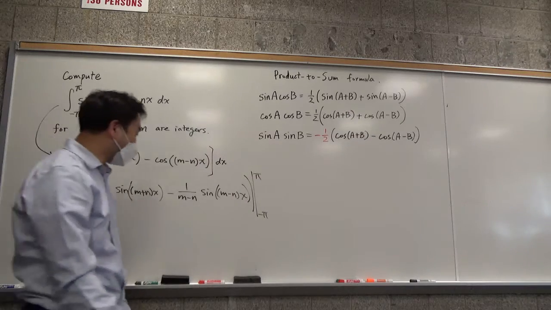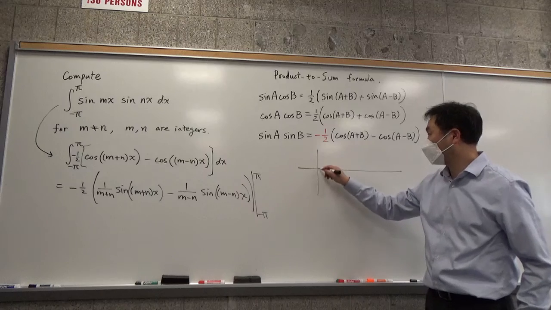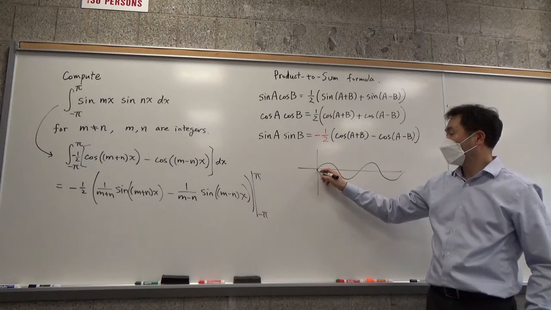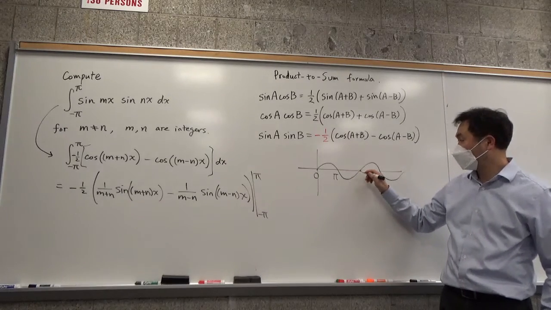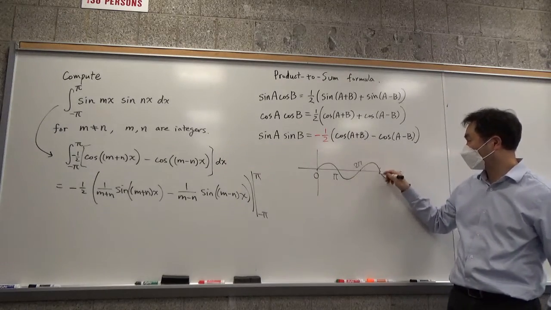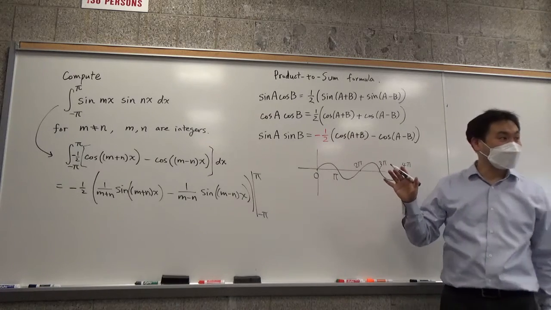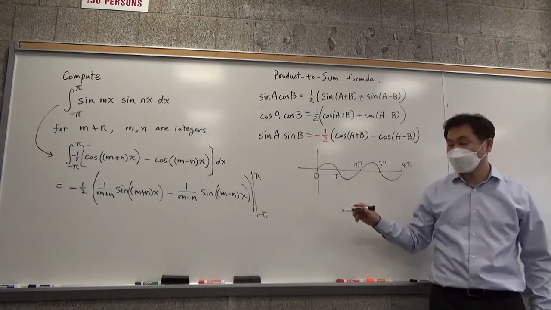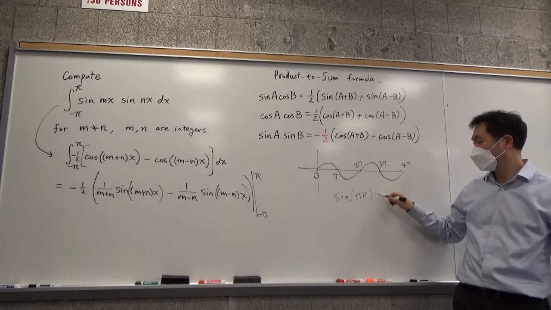Okay, there's something that you have to know about the sine function. If you look at the graph of the sine function, it's 0 at 0, it's 0 at pi, at 2 pi it's 0, it's 0 at 3 pi, 4 pi. So what you see is that if there's an integer times pi plugged into sine, you always get 0.